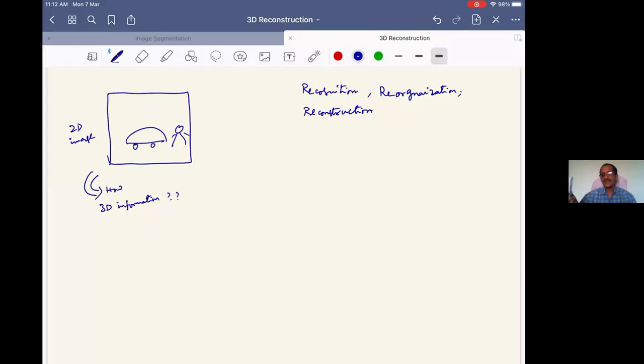Then how are we perceiving the depth? Do you see any cues or clues for perceiving depth from the vision we have? So I wish to get a couple of ideas from you before I start describing some of the mathematical aspects involved in 3D reconstruction and understanding 3D from 2D images.